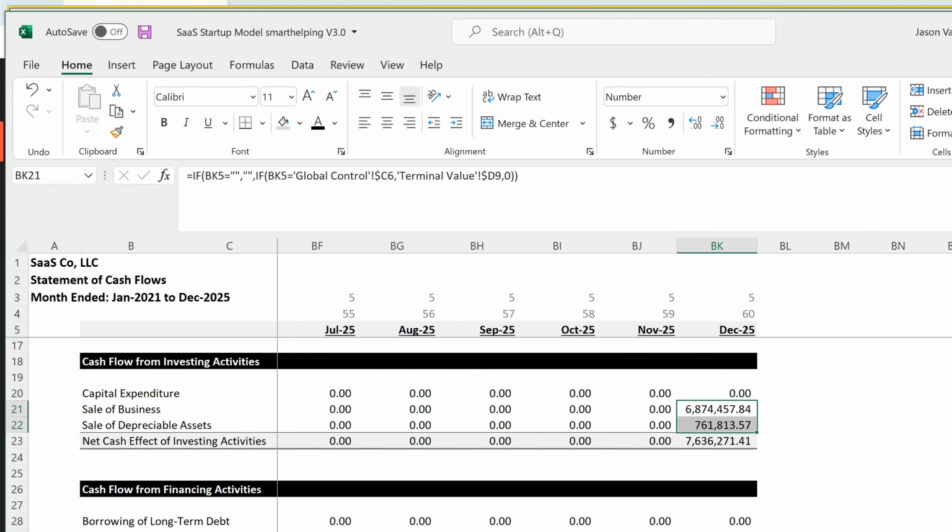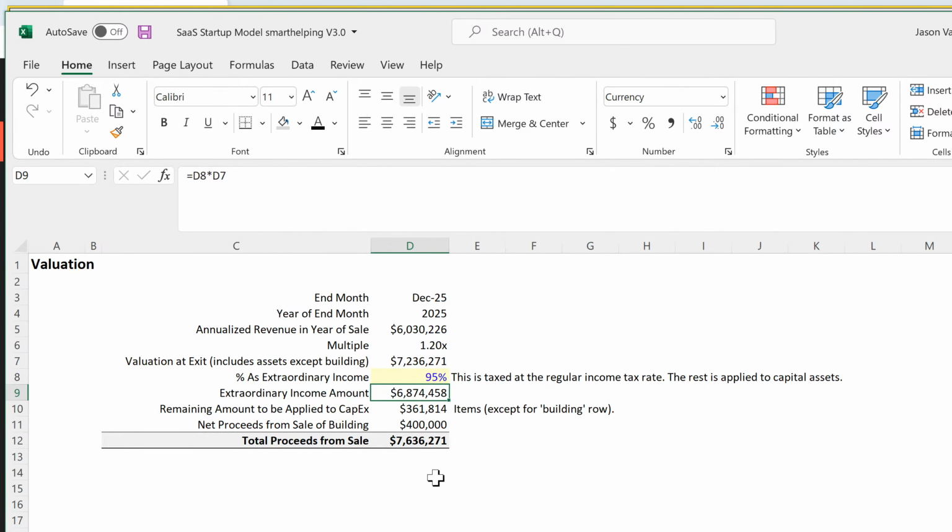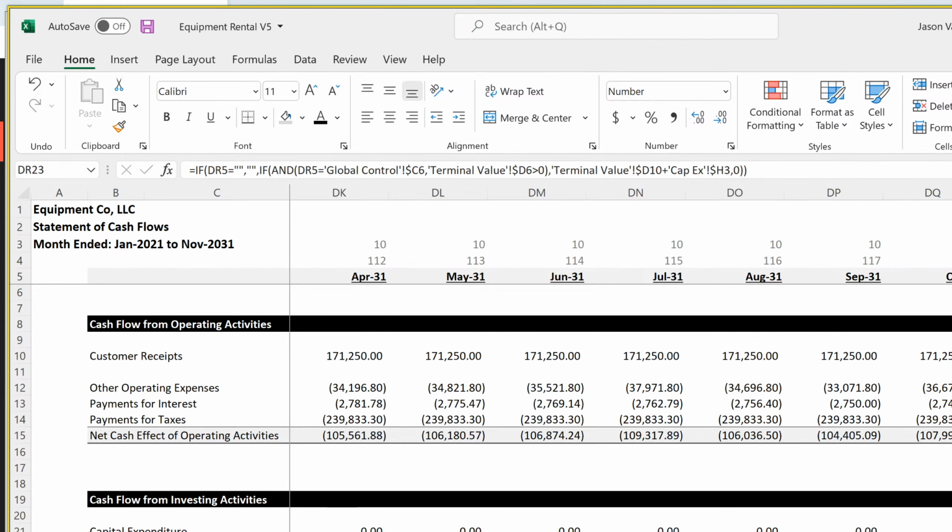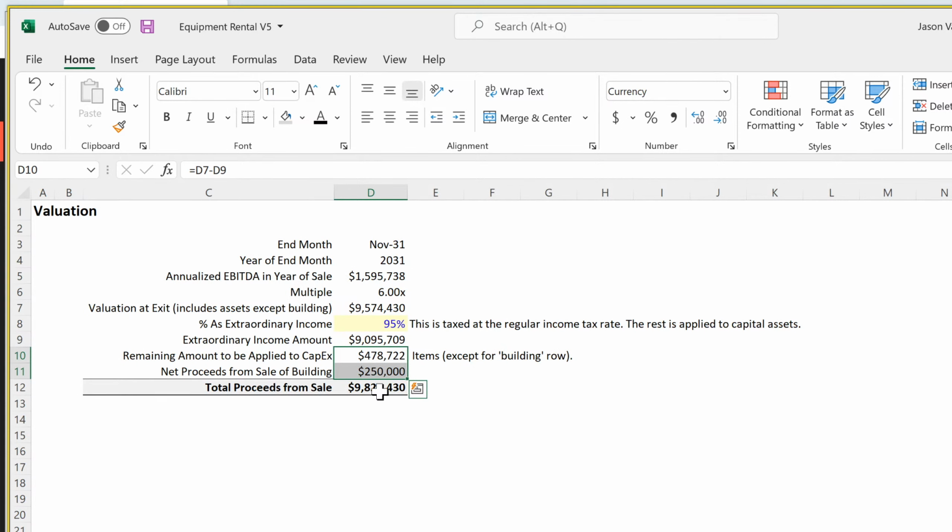So on the SAS one, it's 7,636,000, which is the total proceeds from the sale, which includes the portion for that and that, which is just 7.2, and then the net proceeds. So 7,236. So let's go back to our rental model. This is too high, 10,303,000, I believe. Yep, that's it. Okay, so that's our error. Thank goodness, man. Let's fix it now.